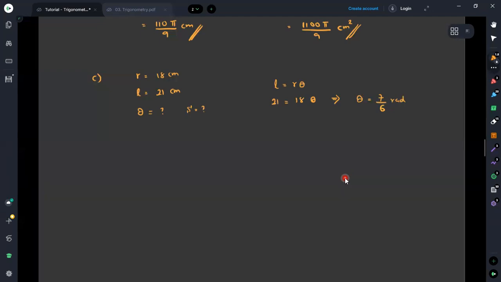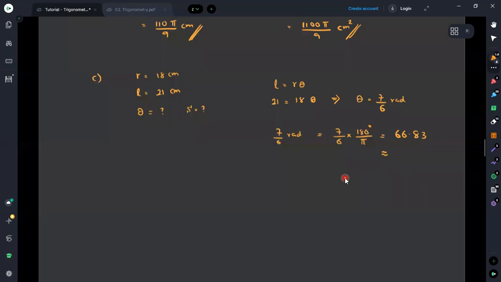But rather than keeping this as radians, if you wish to convert it into degree measure, 7 divided by 6 radians is equal to 7 divided by 6 multiplied by 180 degrees divided by pi. Substituting pi as 3.142, we get the answer 66.83.